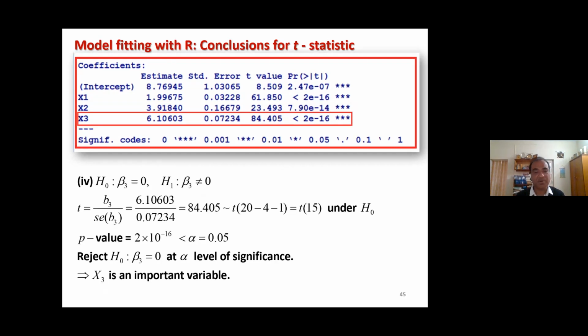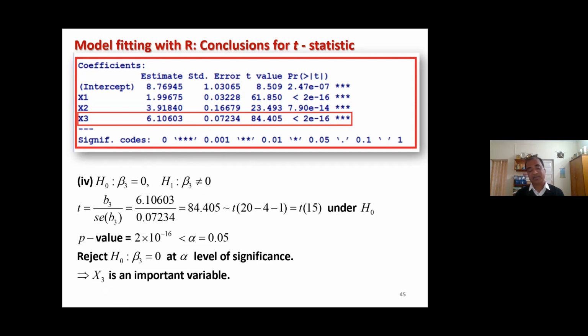Right, and similarly, if you come to the last row, x3, the t value here is 84.40. That is the value of the t-stats corresponding to H naught, beta 3 equal to 0. So the p-value here is 2 into 10 to the power of minus 16, which is again less than 0.05, which is the value of alpha at 5% level of significance.